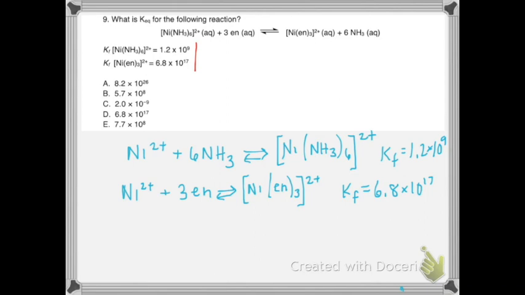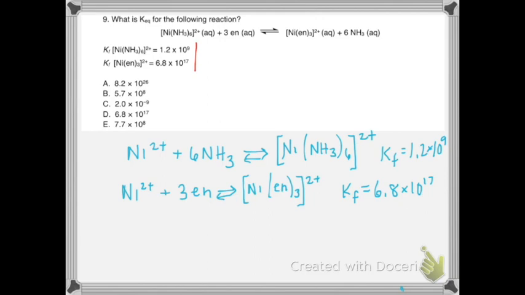And that results in a Kf. And then our other Kf would be nickel ions with this En ligand coming together to form the nickel En complex. And that has some Kf to describe it.